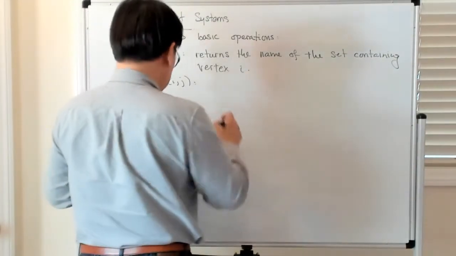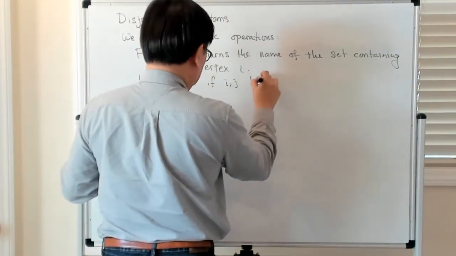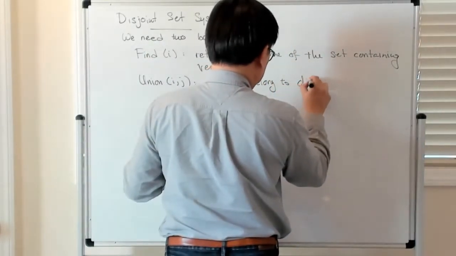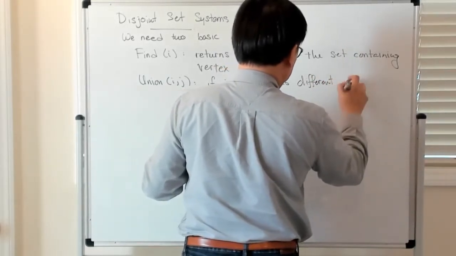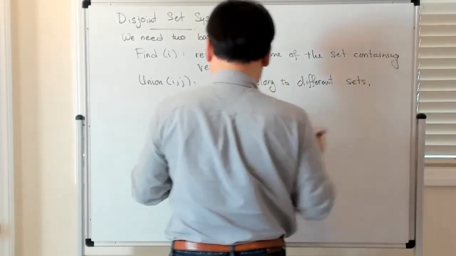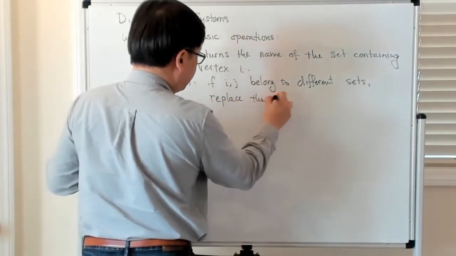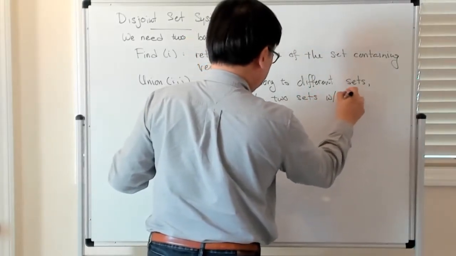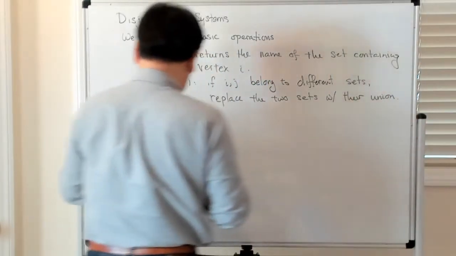Okay, so if I and j belong to different sets, you replace the two sets with their union. Okay.